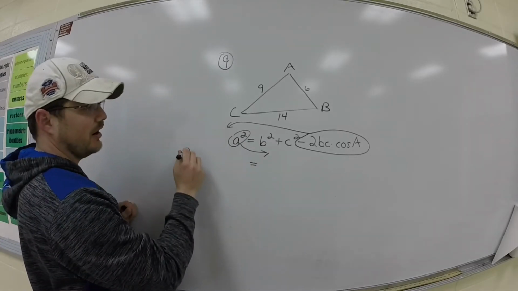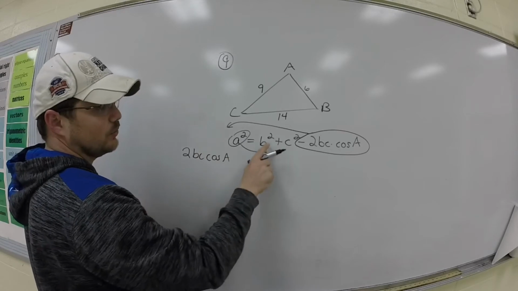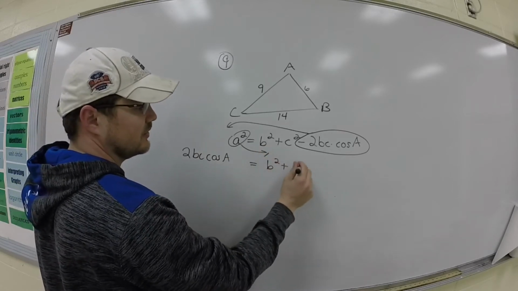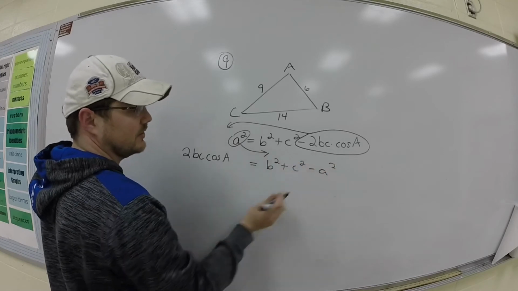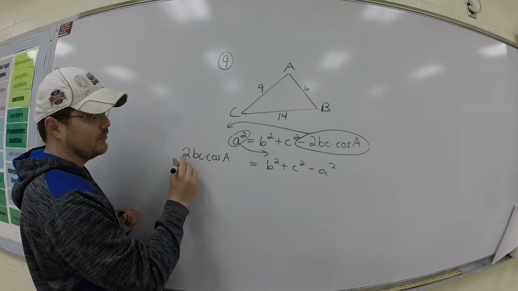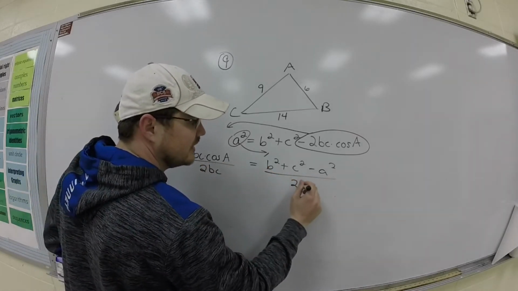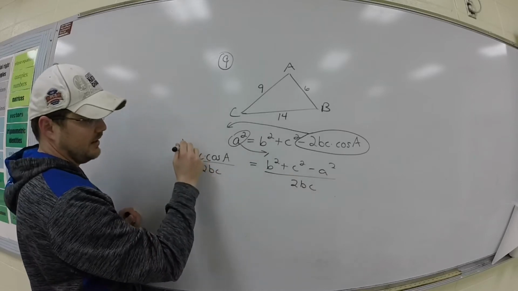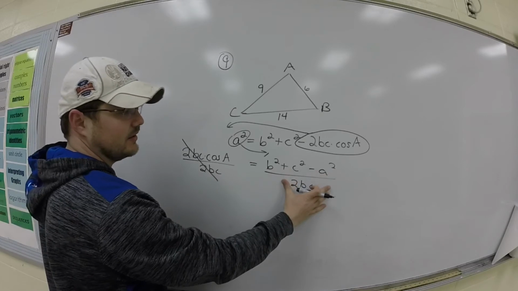Alright, so now I have a positive 2bc cosine A equals b squared plus c squared minus a squared. Remember, we chunked this one, changed it to a negative. Now let's get cosine A by itself. We'll divide both sides by 2bc. Divide by 2bc. And cancel here. Okay, so cosine of angle A equals all this.